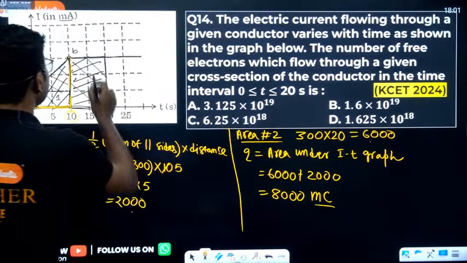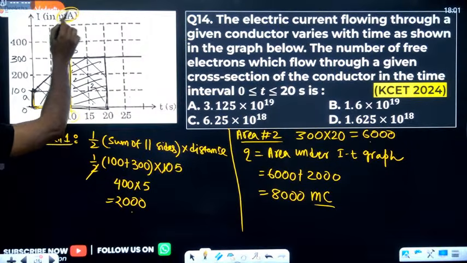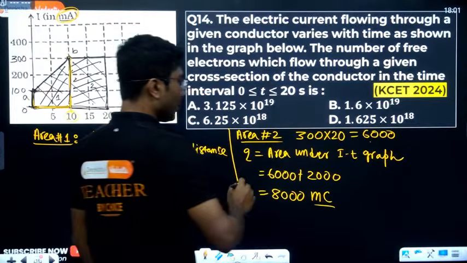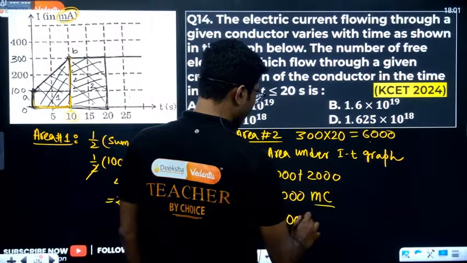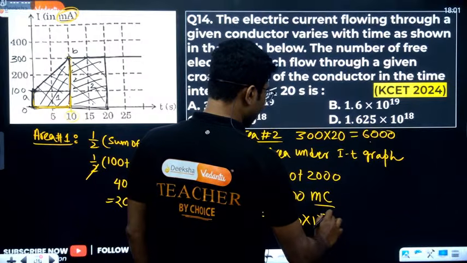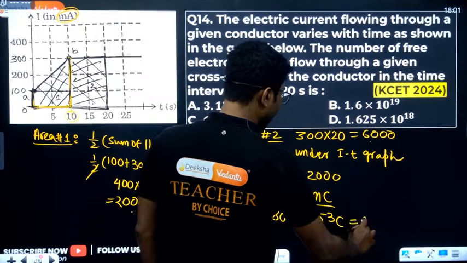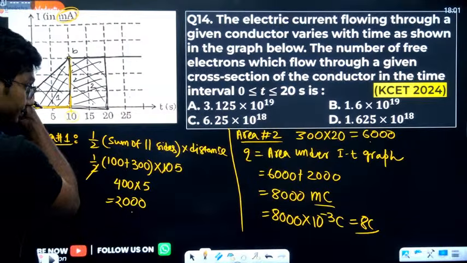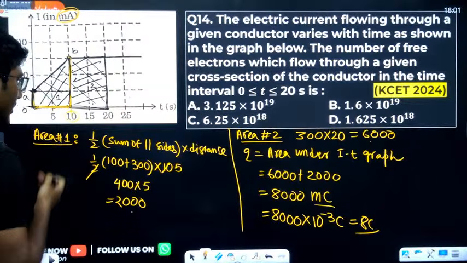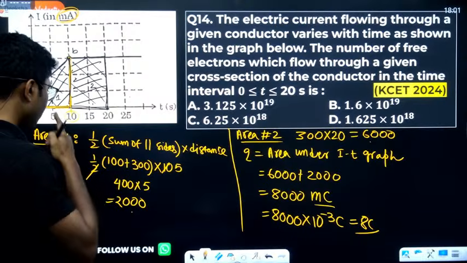Why milli? Because the current here is given in milliampere. So be careful about it. Now millicoulomb means it will be 8000 into 10 to the power of minus 3 coulomb, or 8 coulomb. Okay, it will be 8 coulomb. Have I made any mistake? Let me check once more.